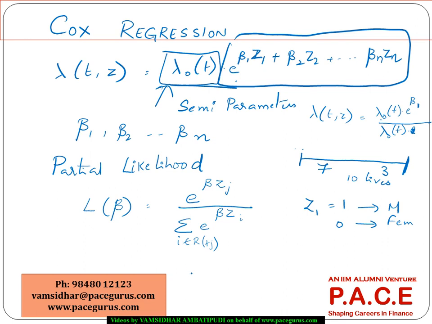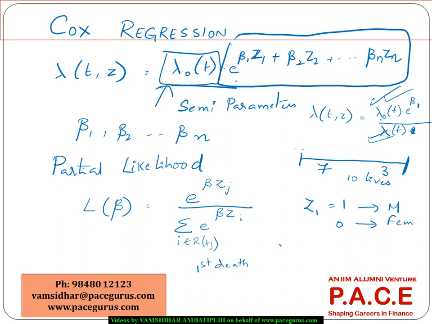Now, initially, these are the likelihood functions for each one. So first consider the first death that has occurred. Is it a male or a female? Let's say the first death is a male.